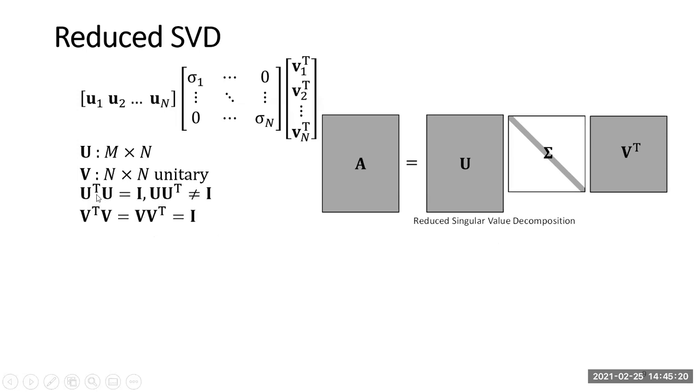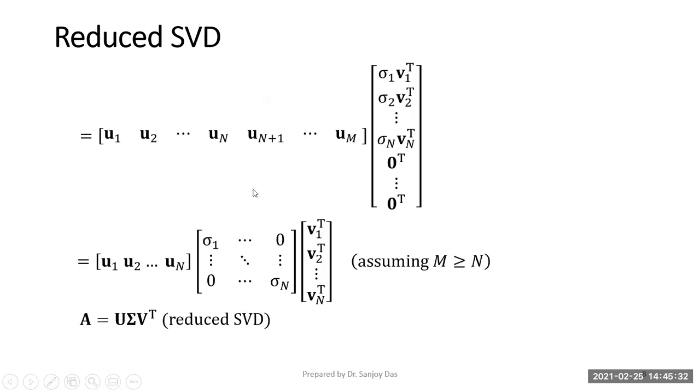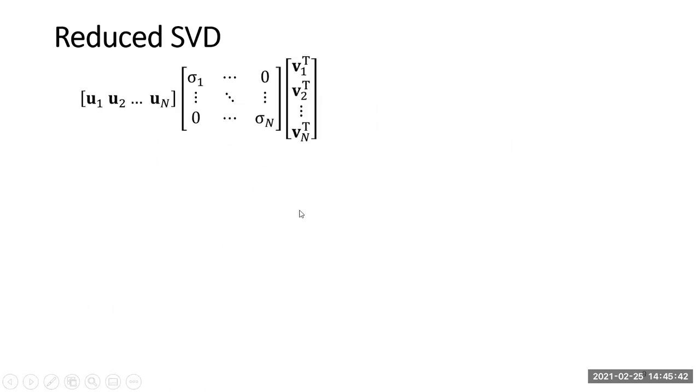So U transpose U will be equal to I. Because when we began with U, the original U, all these columns were unit vectors and mutually orthogonal to one another. That's why it was a unitary matrix.